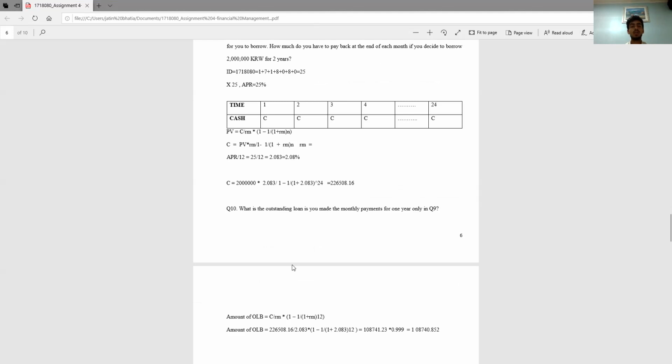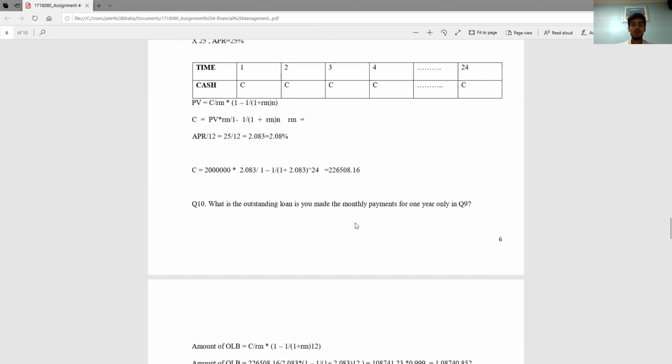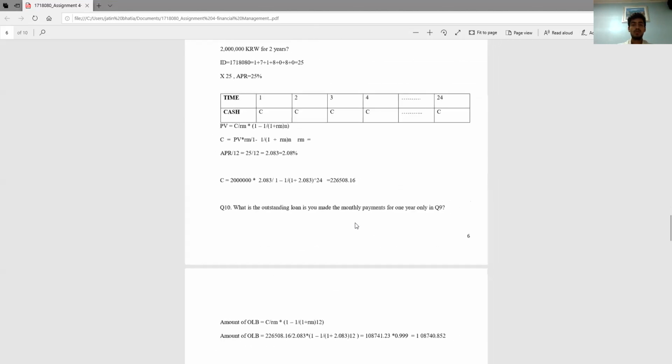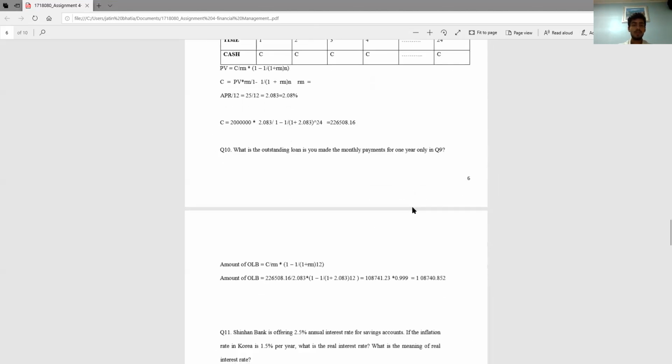What is question number 10? What is the outstanding loan balance after making payment for 1 year? Question number 9. The OLB formula is this, and our C came 226,508.16 divided by 2.083 times 1 minus 1 divided by 1 plus 2.083 to the power 12.